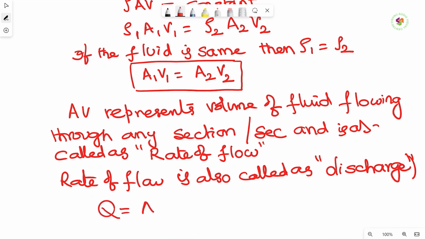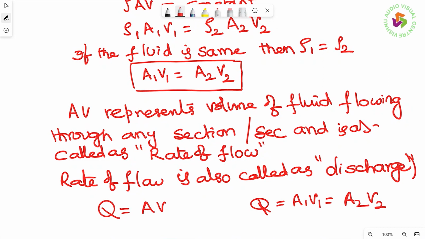Q is equal to AV, and the continuity equation is Q is equal to A1 V1 is equal to A2 V2. This is generally what we apply in any of the problem solving cases. So if I want the velocity at any point, I can use velocity is equal to Q by A. Velocity V1 is equal to Q by A1.